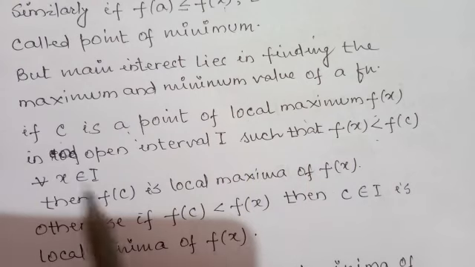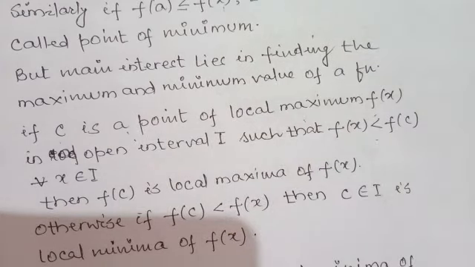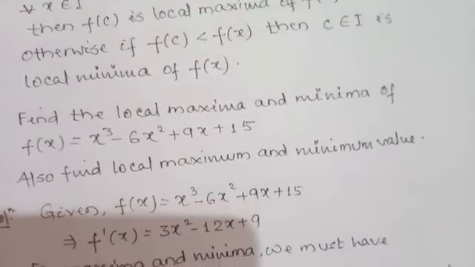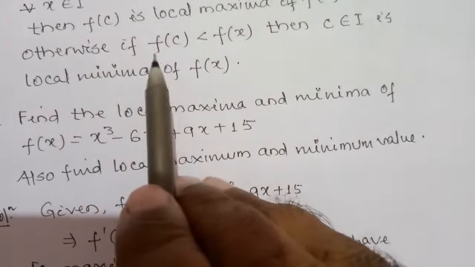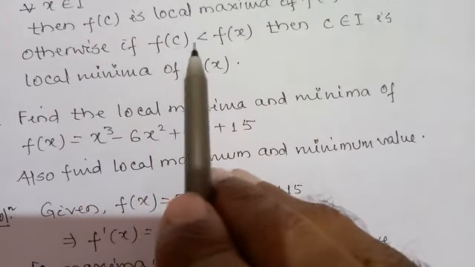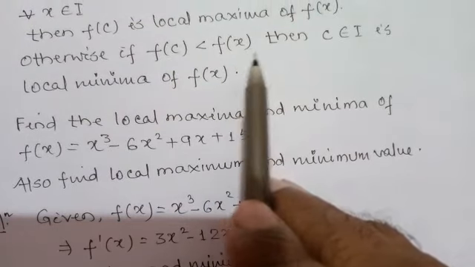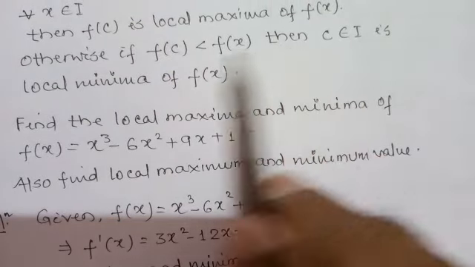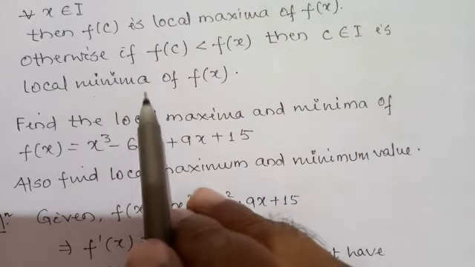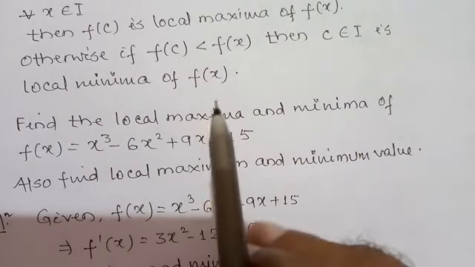You must remember that x always belongs to I. Otherwise, if f(x) is such that f(c) is less than f(x) and c again belongs to the interval, then it is called local minima of f(x).